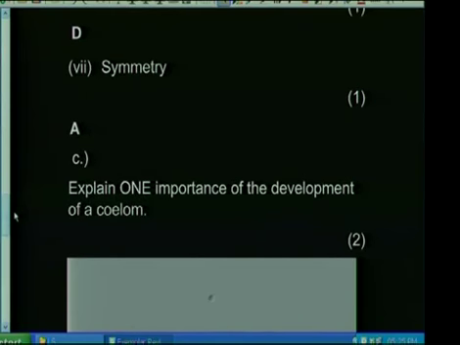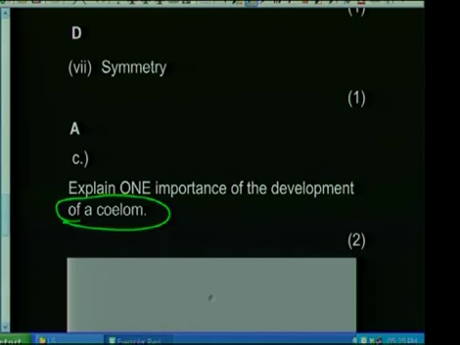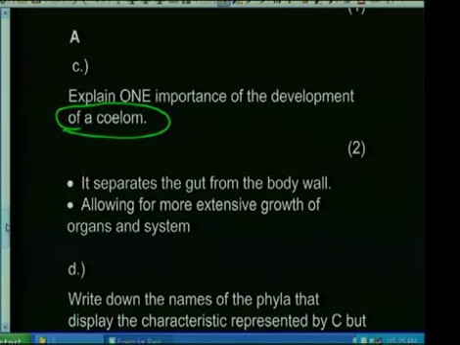So that is A. C, explain one importance of the development of a coelom, a body cavity. What advantage did this give to the organism where it was found? And the answer is simple. It separates, first of all, the gut, the internal, from the body wall, allowing for extensive growth of organs in the system.